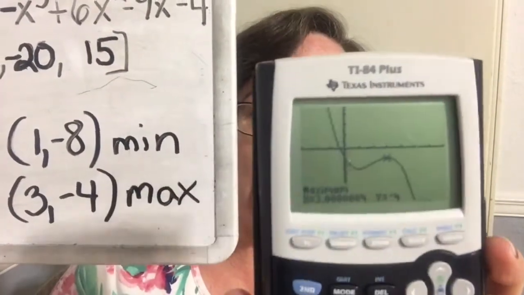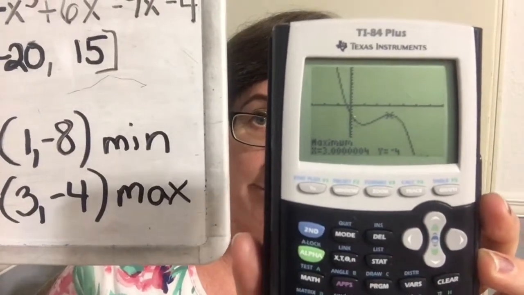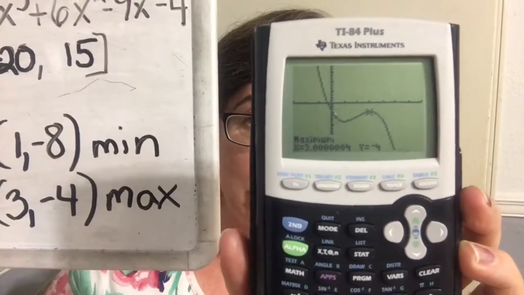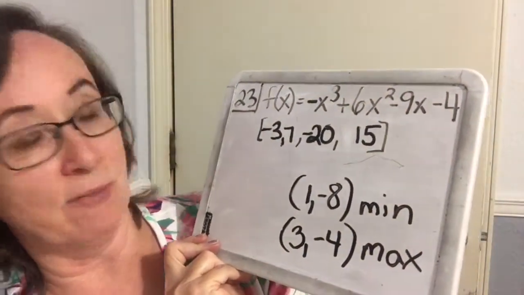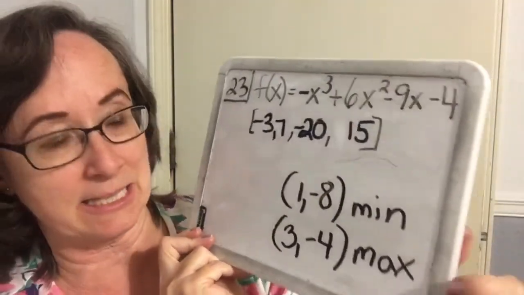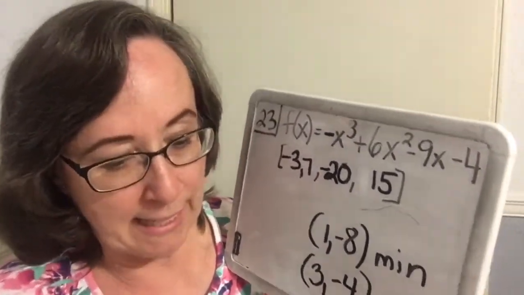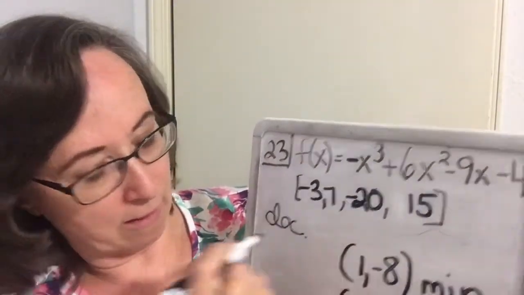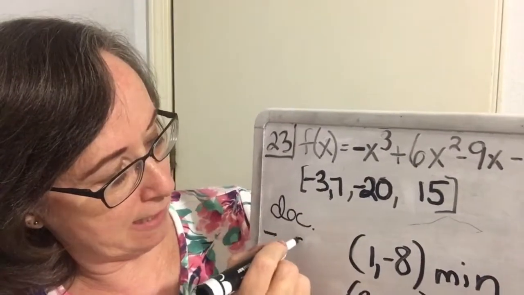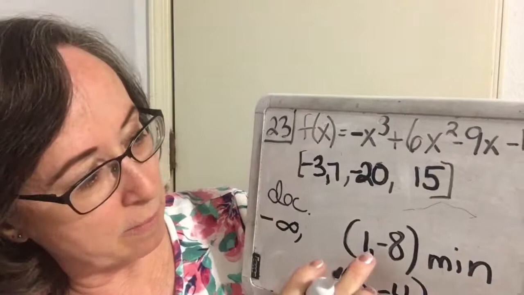So where would you say it has a decreasing function? Okay, so since we know that that minimum point is going to be (1, -8), okay, 1 on the x is the value. So this function is decreasing from negative infinity to the minimum, which is 1.